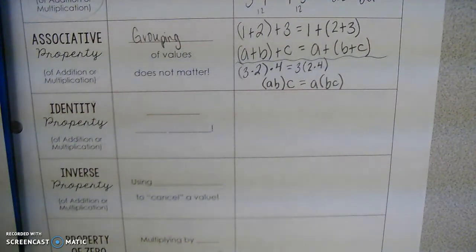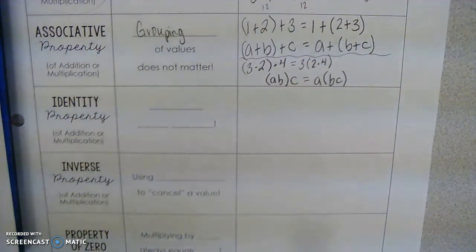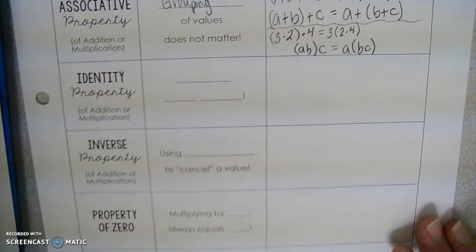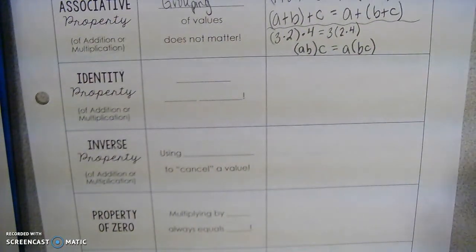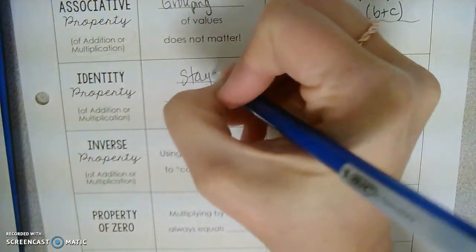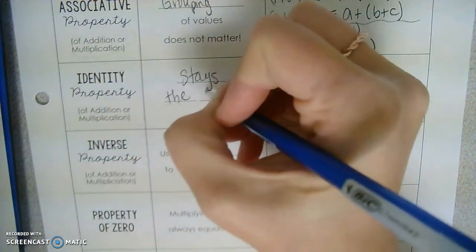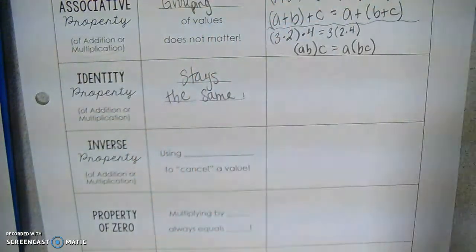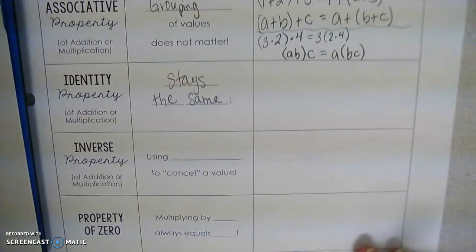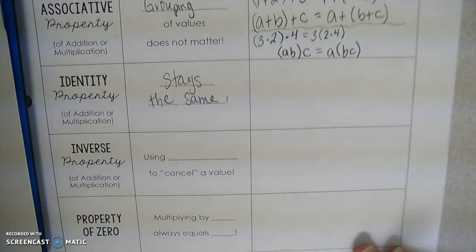The identity property. The identity property for addition and multiplication is what you need to do to keep the number the same. All right, so this says it stays the same. So you need to think, what do I add to something that keeps it the same?